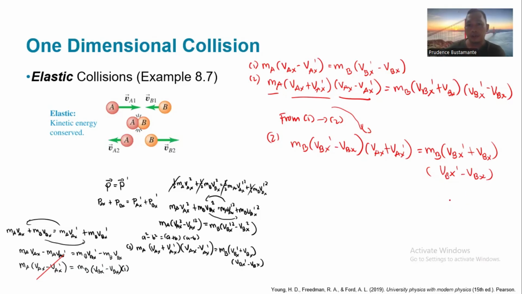So what do we have here? We can cancel this one, this one, this one, this one. So we are left with equation 3.